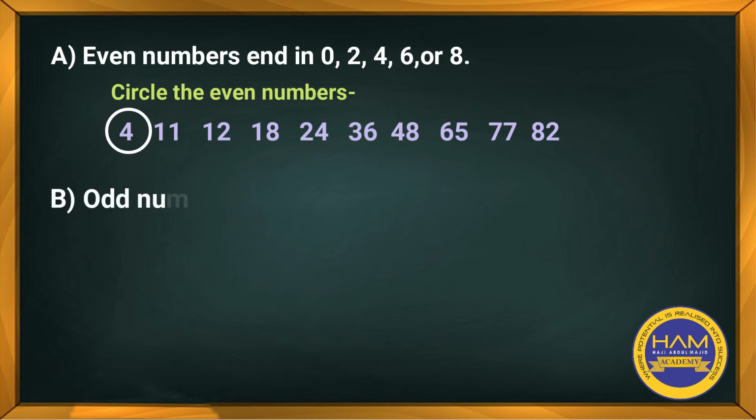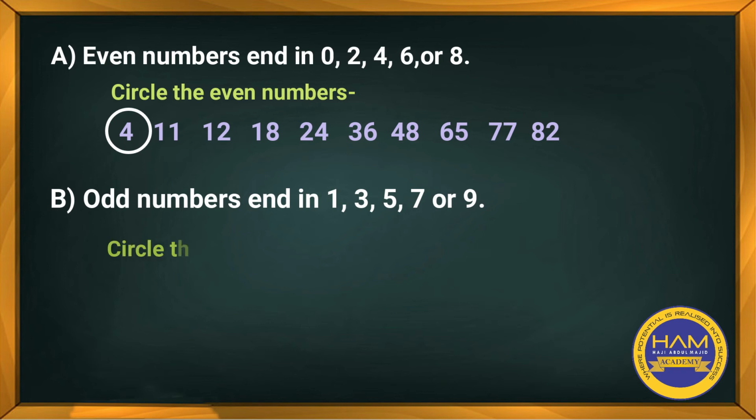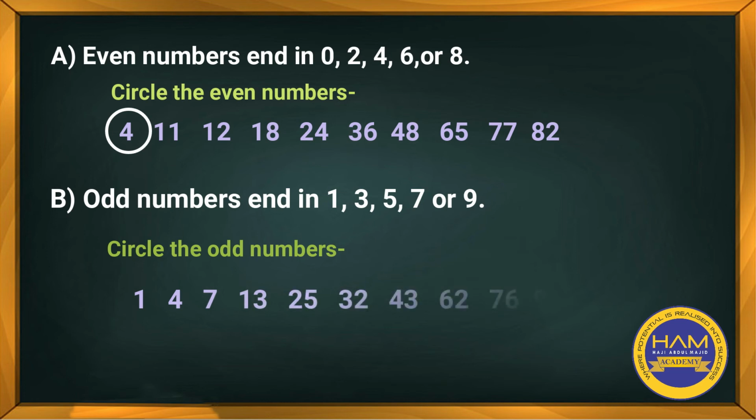Next, odd numbers end in 1, 3, 5, 7 or 9. Circle the odd numbers: 1, 4, 7, 13, 25, 32, 43, 62, 76 and 95.